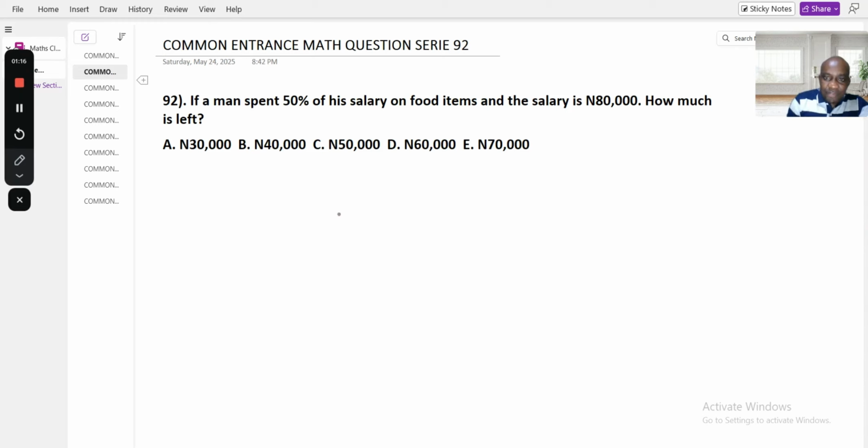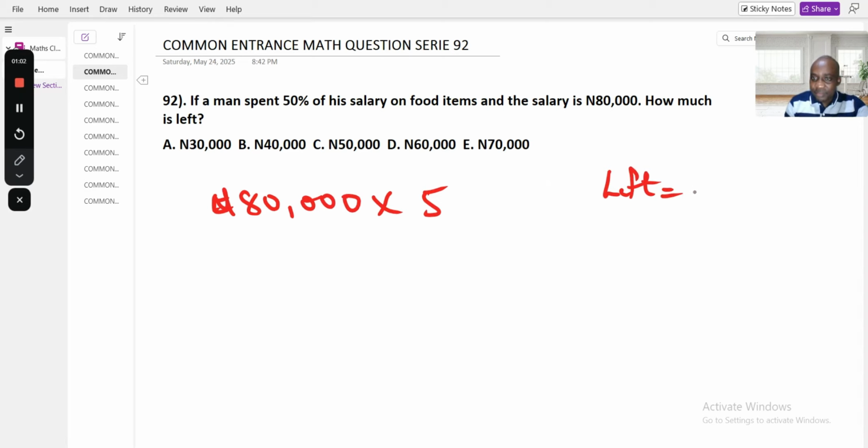Now we have 80,000 naira the man collected as salary. Let's multiply by 50% because 50% will be left. 100% minus 50%, the percentage left with the man will be 50%.